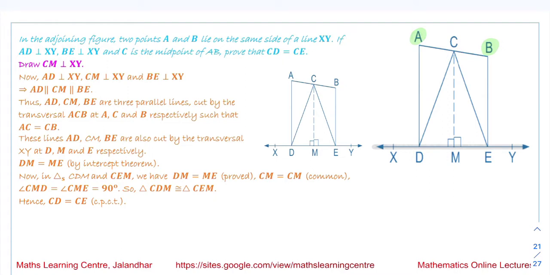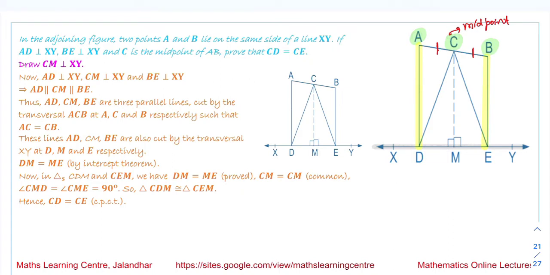Next, it is given that AD is perpendicular to this line, and BE is perpendicular to XY, and C is the midpoint of AB. That is, this AC and BC length, these are equal. We have to prove that CD and CE, both these lengths, are equal to each other.